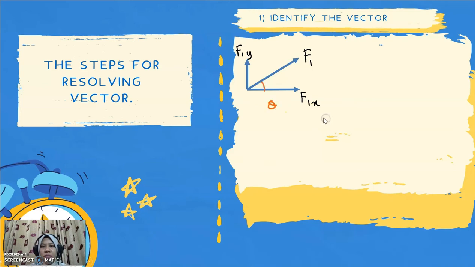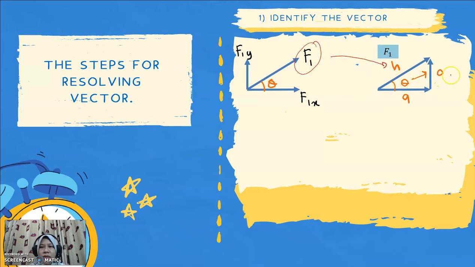With angle theta, we combine it to become a trigonometry triangle. The hypotenuse equals F1, the adjacent equals F1x, and the opposite is F1y.